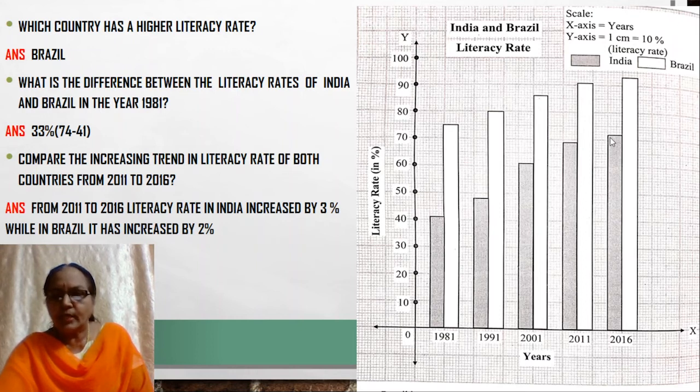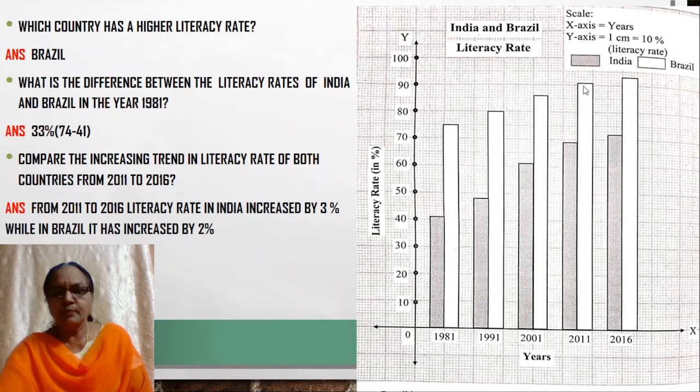And here it is, say, 70. So come to, it is 72. Okay. So 72 minus 69, it comes to 3%. Got it? So now literacy rate in India increased by 3% from 2011 to 2016.